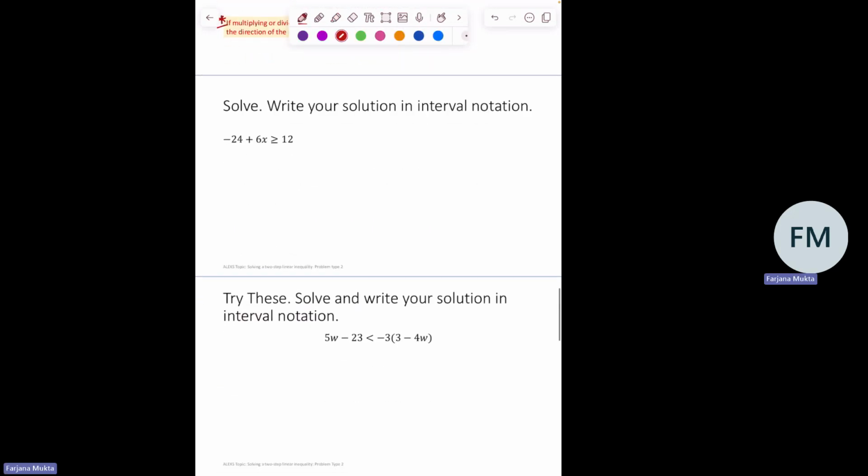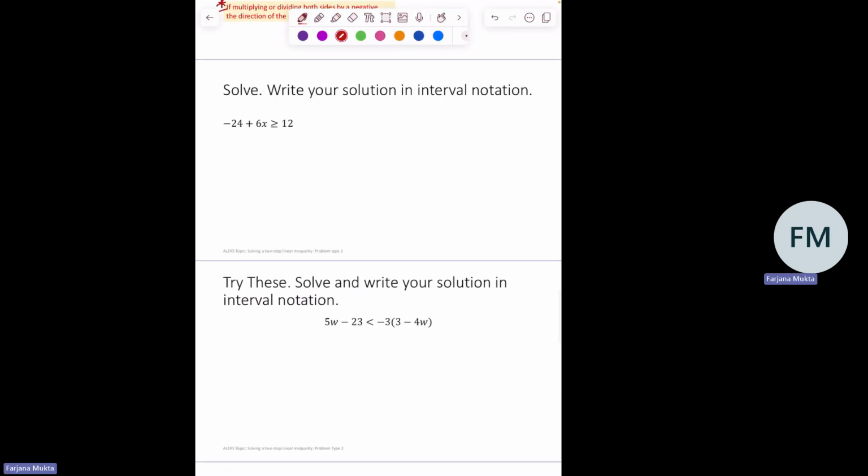So here we have our first inequality example. We'll try to solve it. Similar to what we do in linear equations, we'll try to isolate the variable and isolate the constant. So adding 24 on both sides, we get 6x greater than or equal to 36. Let's divide both sides by 6.